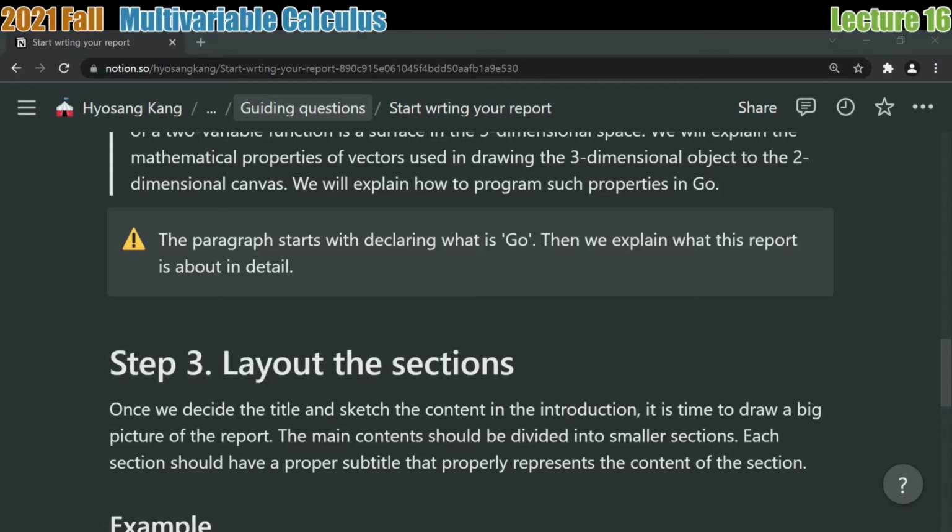That's what you wrote by hand in a specific time. So if you write it in Notion, you have more time and more resources, and you have typing tools. So I'm expecting more than what you wrote in the midterm.